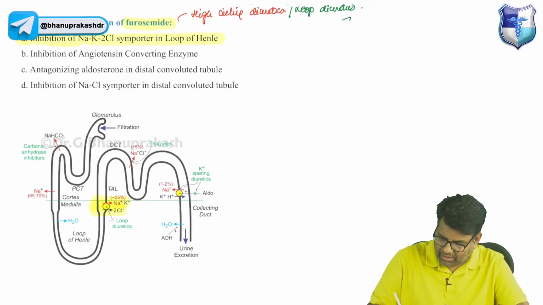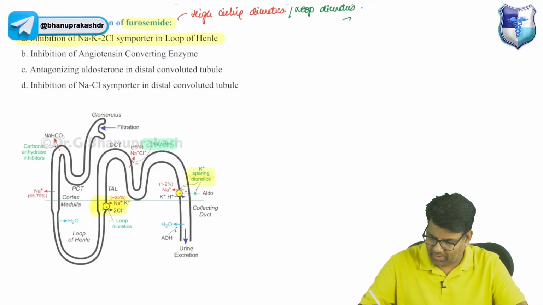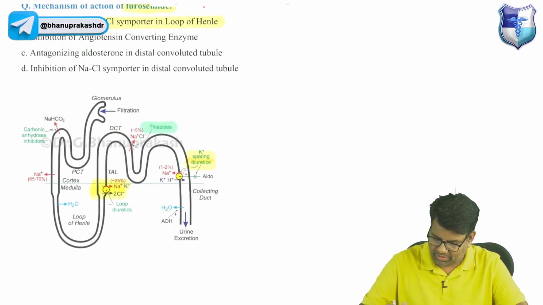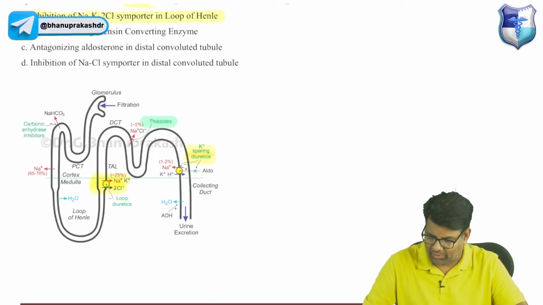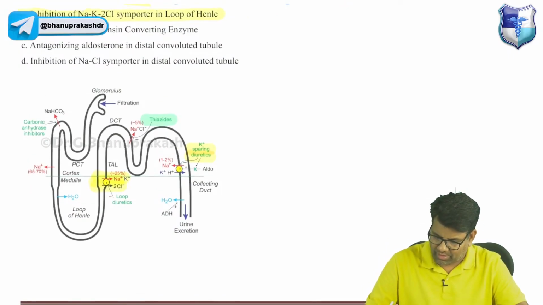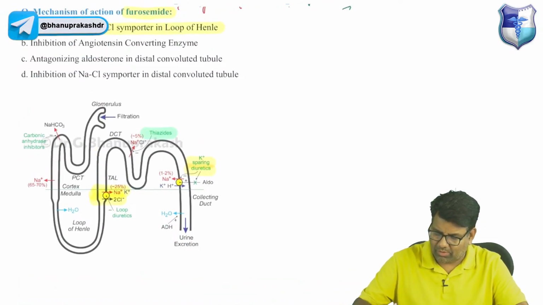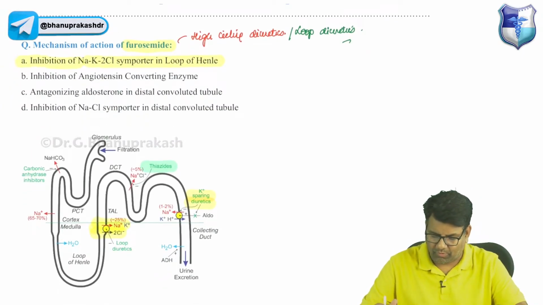Thiazides act at the distal convoluted tubule, where they inhibit the sodium chloride transporter. Then the potassium sparing diuretics act on the DCT and inhibit the action of aldosterone. These are the three important classes of diuretics and their site of action. So furosemide is also known as a loop diuretic because it acts at the loop of Henle.